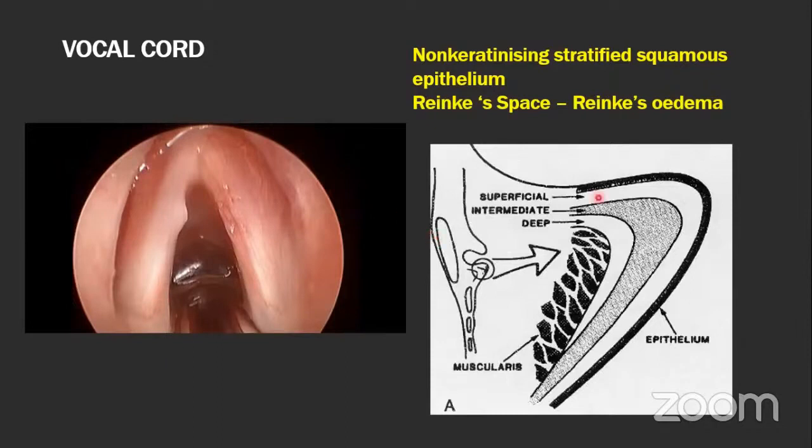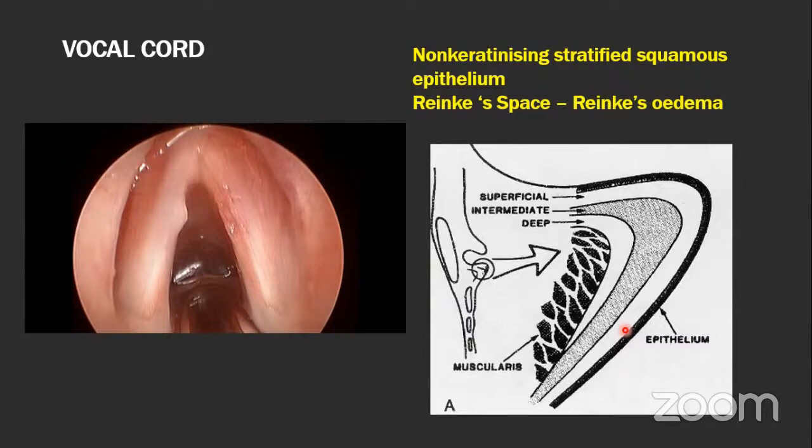I already told you that Reinke's space is a very loose space. It's a potential space, only scanty submucosa without any blood vessel. So edema fluid can collect in this very easily, and that will lead to Reinke's edema. So if there is any chronic irritation, then edema fluid may come and collect in this superficial space, so-called Reinke's edema.